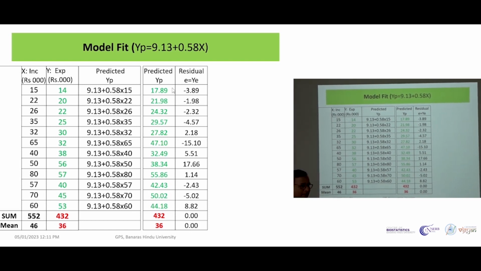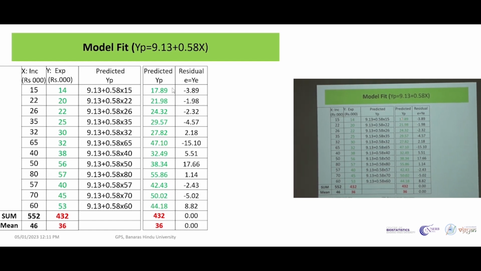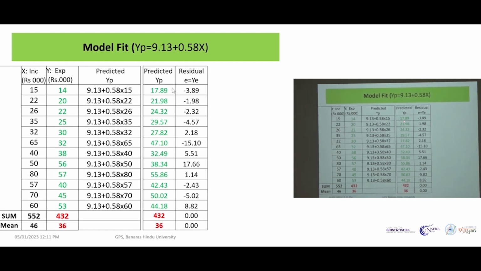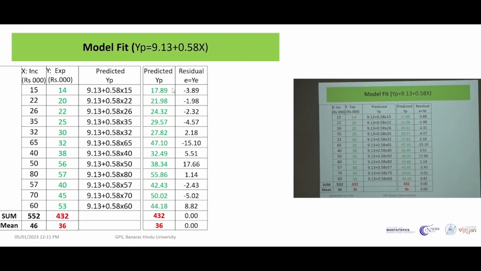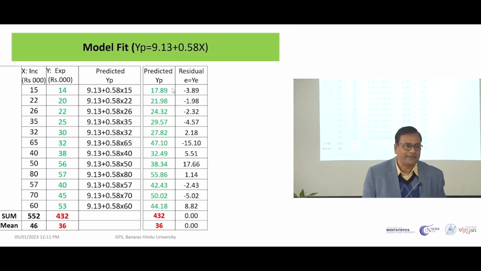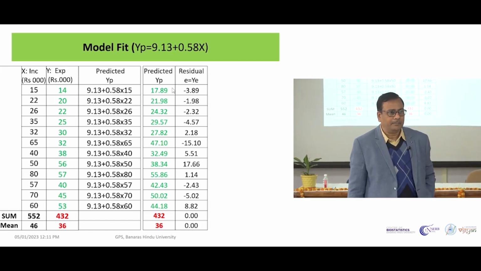Does the variable have a name? Tell me the name. No, no, no, the literal word: expenditure. This data is data of expenditure only and only by the effect of X, income.